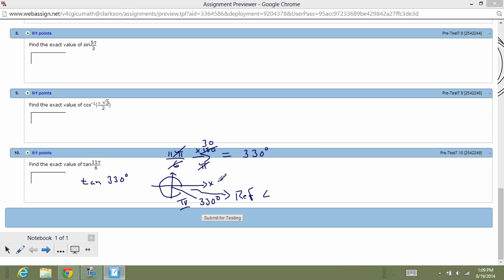Well, again, the full rotation would be 360 degrees. So the reference angle is a 30-degree reference angle.